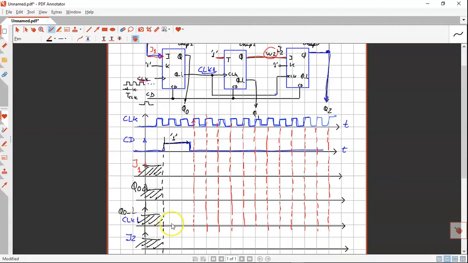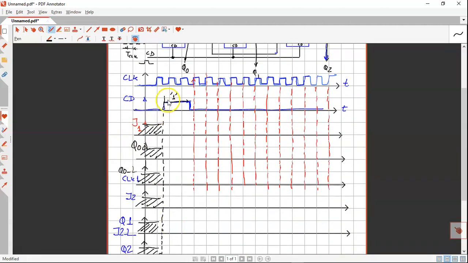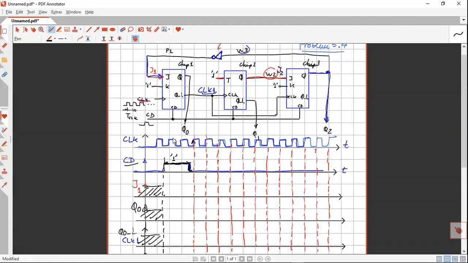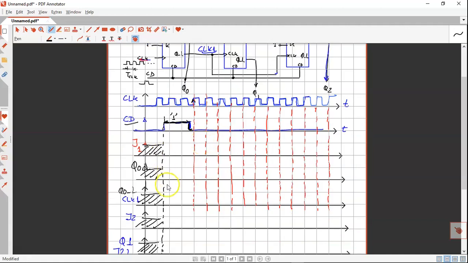But now, for all this period of time in which you have the clear direct applied to the system, and a little bit more, because you see, here you are deactivating the clear direct, but the system will remember at least up to this point. So all this time, you know, what? Well, which one goes first? The Q0, right? The Q0 goes first. So Q0 is 0, like that.